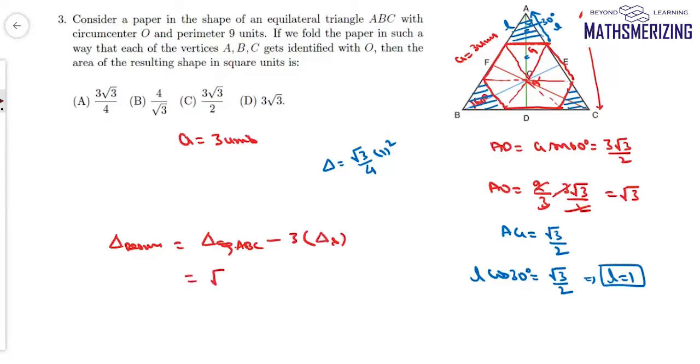So this is root 3 by 4, and in this case the length of the side is 3, so root 3 by 4 into 3 square, and then 3 into root 3 by 4. So it will simply be 9 minus 3, which is 6, so it is 6 root 3 by 4, or 3 root 3 by 2 square units, and that's your option number C.